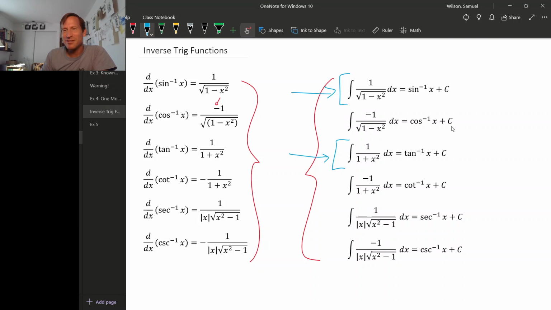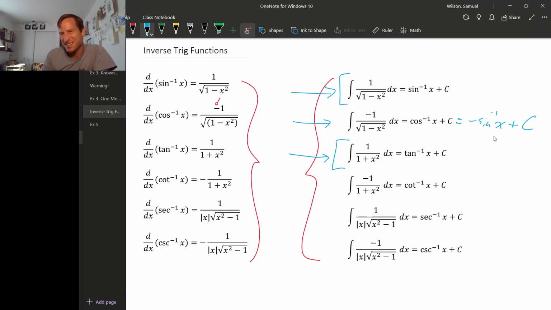In particular, this second one here, the integrand is just the negative of the first one. So another way to write what the antiderivative of minus 1 over the square root of 1 minus x squared is, you could use inverse cosine, but you could also say minus inverse sine of x plus a constant.